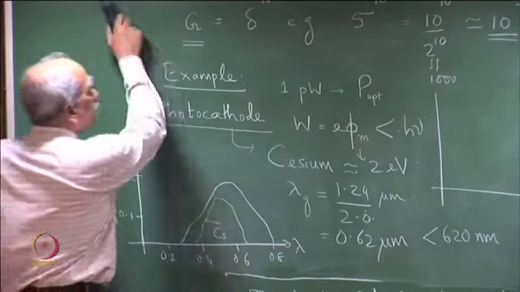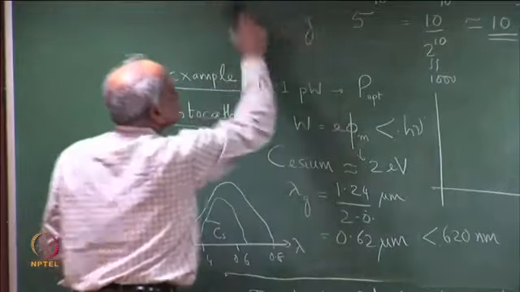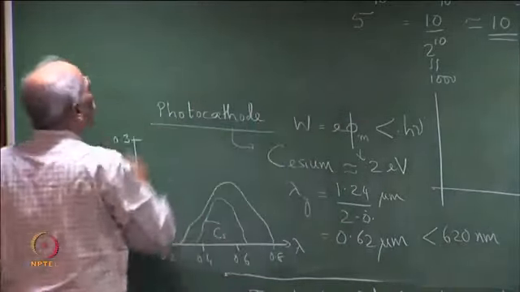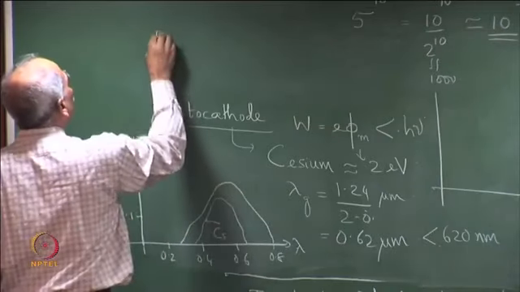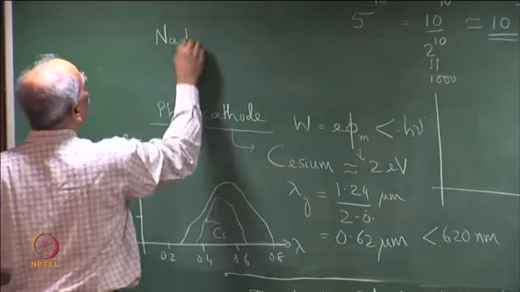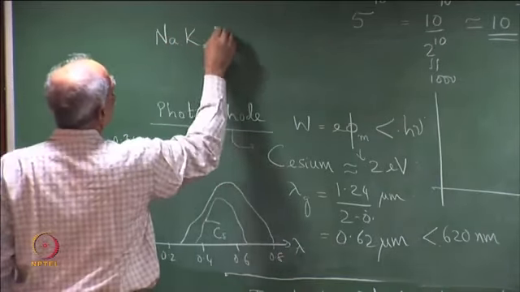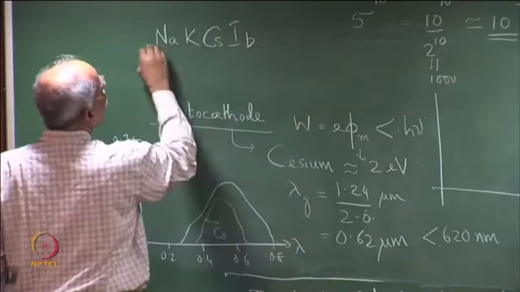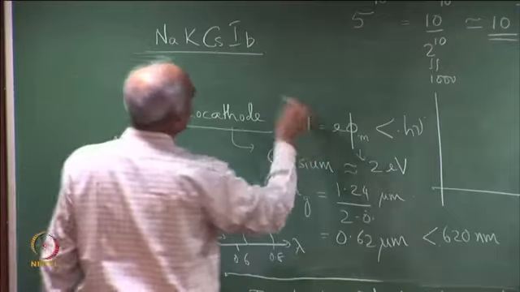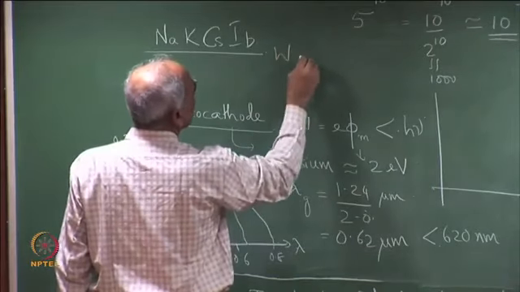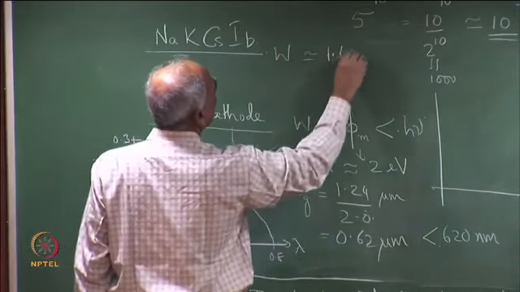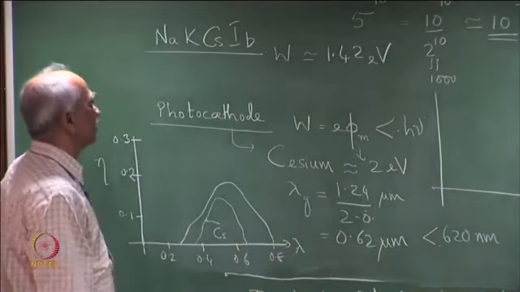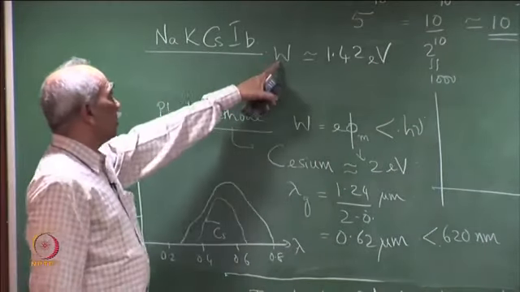There are other materials. For example, one of the materials is an alloy, a compound of sodium, potassium, cesium, antimonide. This has a work function E phi m, W, nearly equal to 1.42 eV, almost the same as the band gap of gallium arsenide. But this is the work function.